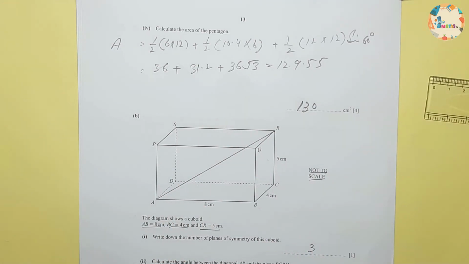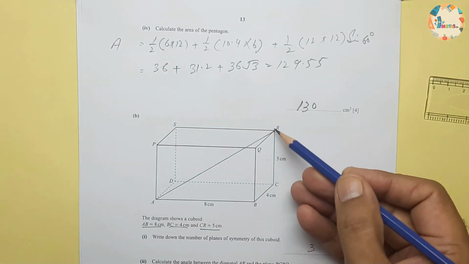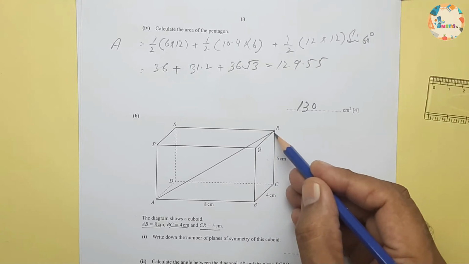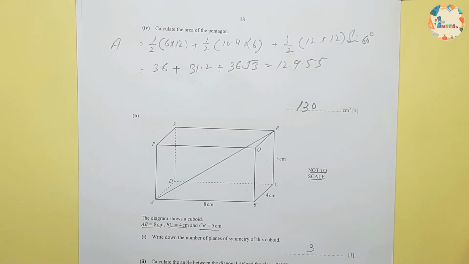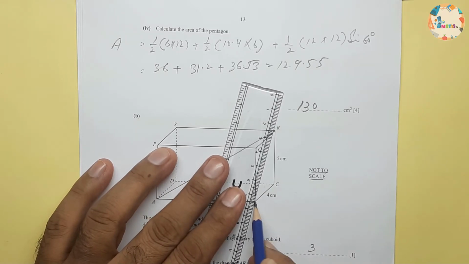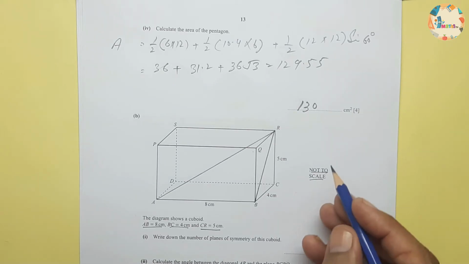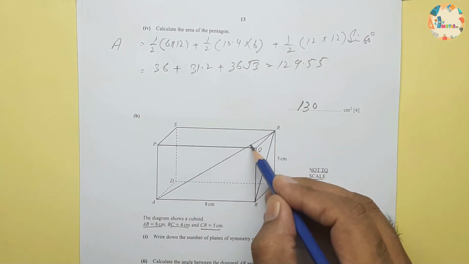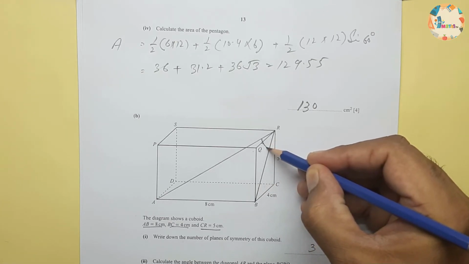Now with BC, R and Q, we need the angle of this AR with this side, and if I join this side also, for example, BR over here, so basically we require the angle between this diagonal and this plane, so we require this much angle.